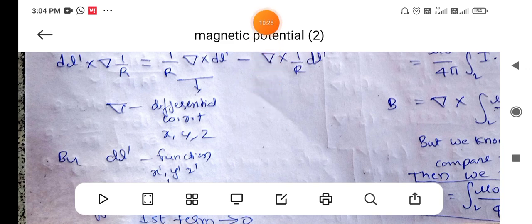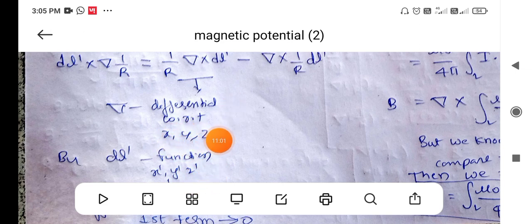Now let us see the first term. Gradient means differentiation with respect to x, y, z, and dl dash is a function of x dash, y dash, z dash. So the gradient of dl dash means differentiation of x dash, y dash, z dash with respect to x, y, z.